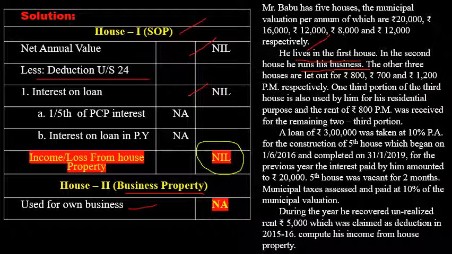To be considered under the head income from house property, SSC must be the owner, and the property should be used either for residential purposes or as let out. Here the property is used for own business, so it is not assessable under income from house property. So I have written NA, meaning not applicable, because it does not come under this head.